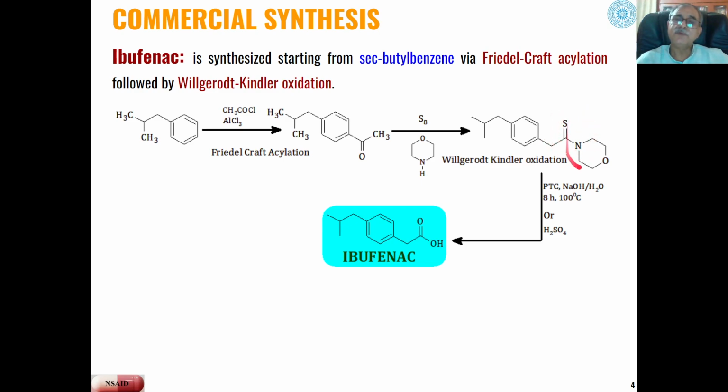These thioamides on basic hydrolysis in the presence of a phase transfer catalyst at a high temperature of the order of 100 degrees centigrade, or simply in the presence of sulfuric acid, are converted into the corresponding carboxylic acid. So this is how ibufenac can be synthesized from secondary butyl benzene.